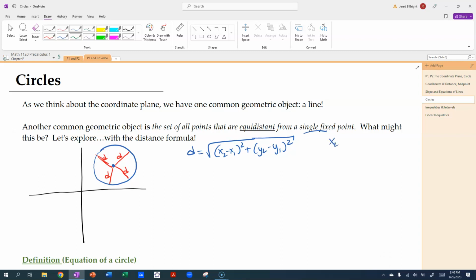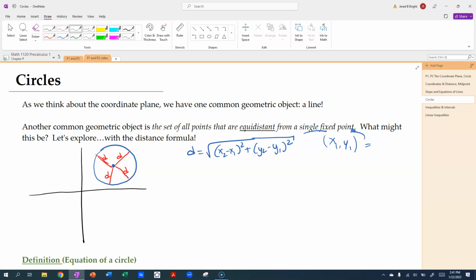So I'm going to say that x2, y2, just for simplicity, is our fixed point. Oh, I'm sorry, actually, my bad, x1, y1 is our fixed point.